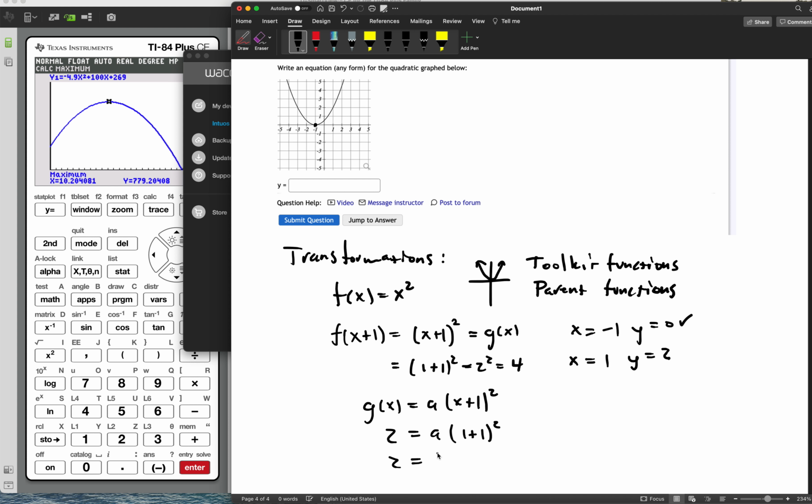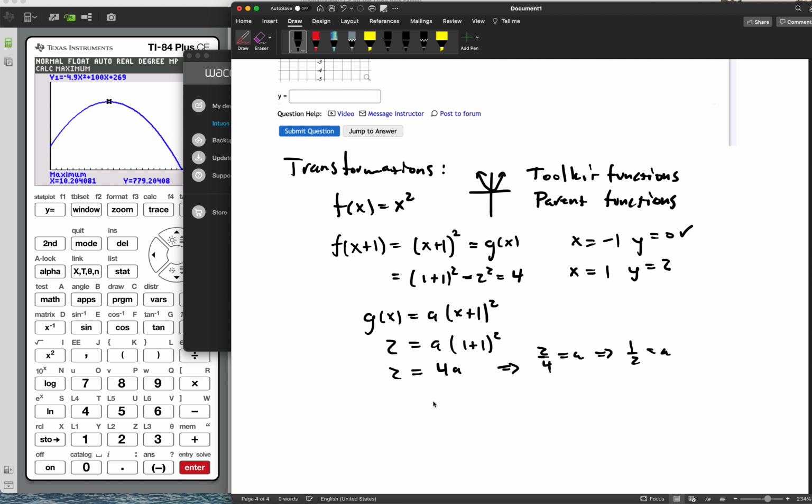So 2 is equal to 4a, which implies that 2 over 4 is a, or that 1/2 is a. Now, using this, we can write our function, which is 1/2 times x plus 1 quantity squared. And it checks out on both of our ordered pairs that we chose.